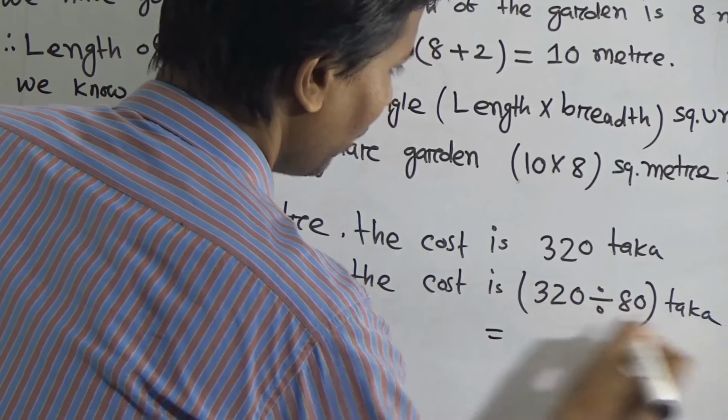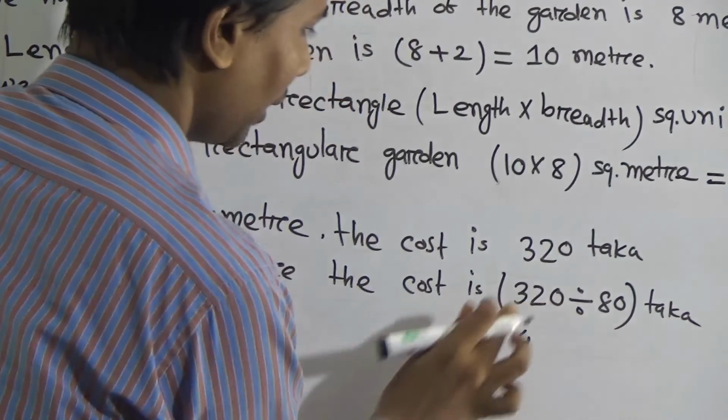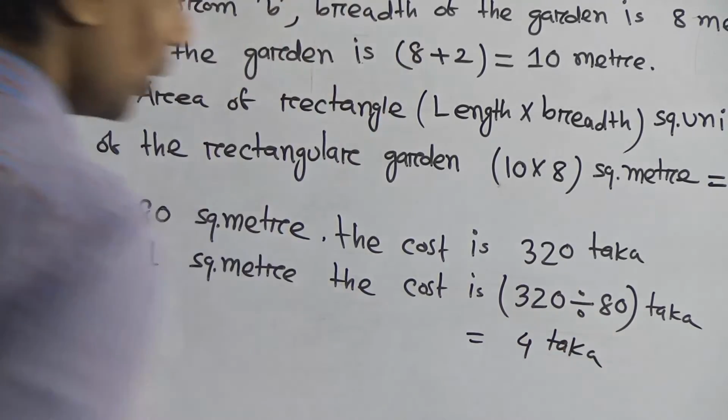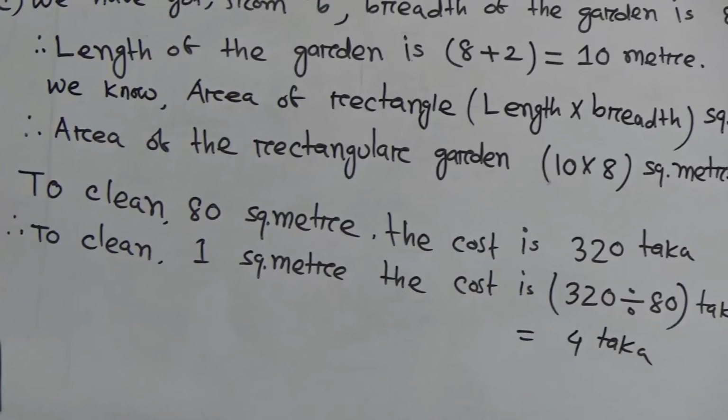This is equal to what? You divide 0, 0 finish, divide 32 by 8, then you get 4. Right here 4 taka. That means to clean 1 square meter, the cost is 4 taka.